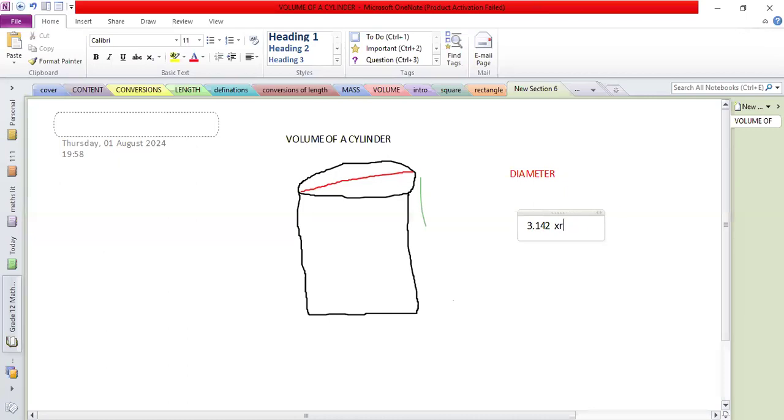Here, because I do not have the right material, I will just say radius times radius times height. So, our diameter there, let's say, is 9 centimeter. That's our radius. Our height is 13 centimeters.